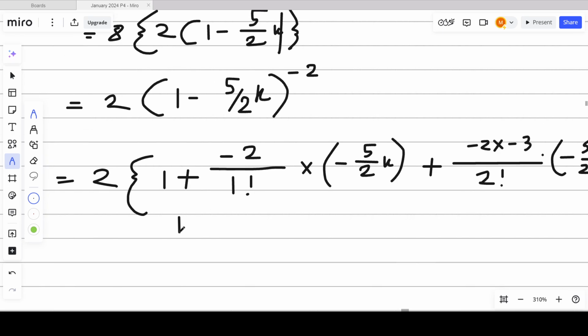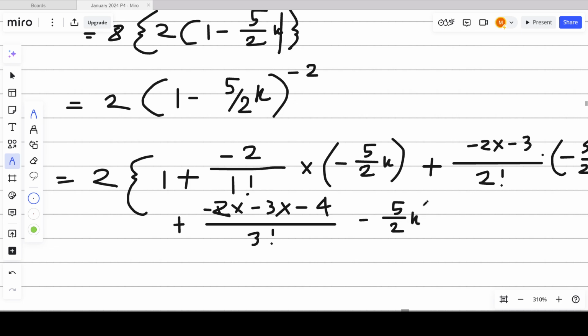Now the last term would be -2 times -3 times -4. With 3 factors, we should have 3 factorial in the denominator, and then (-5 over 2x) whole cube.